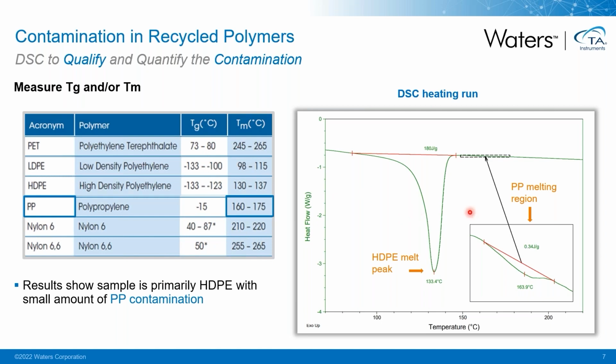Here we are measuring a recycled polymer material, and we can clearly identify a melting peak around 133 degrees, which is telling us that this is a sample of high-density polyethylene. However, if we are zooming in on the high temperature region, we can see a very small melting peak around 164 degrees, which is telling us that there is some polypropylene contamination in the HDPE.